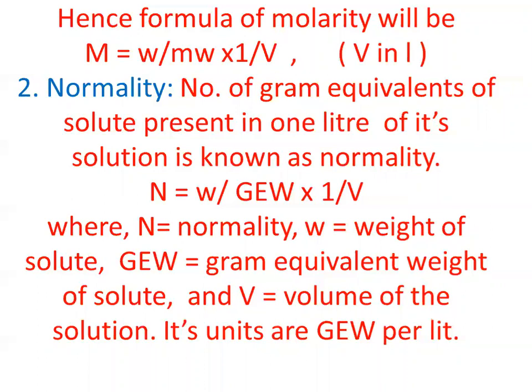Similarly, in the case of NaOH, again Na plus and OH minus are the ions which we get in solution. So for those cases in which uni positive or uni negative ions are formed, molecular weight and equivalent weight will be the same. Therefore, gram molecular weight will be equal to gram equivalent weight. But it is not the same for all the substances or solutes, because every substance will not produce univalent ions.